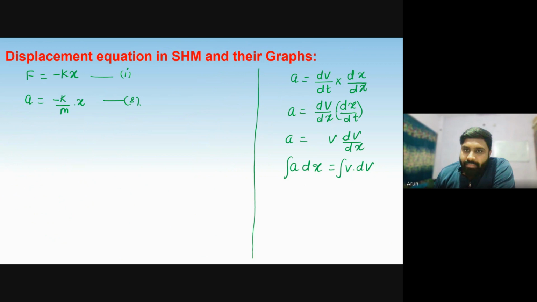Okay. So we are going to apply this here to find the relation of velocity with respect to the displacement. Now a dx is equal to v dv. To find it, we need to integrate this equation and we need to put the limits also. Okay.